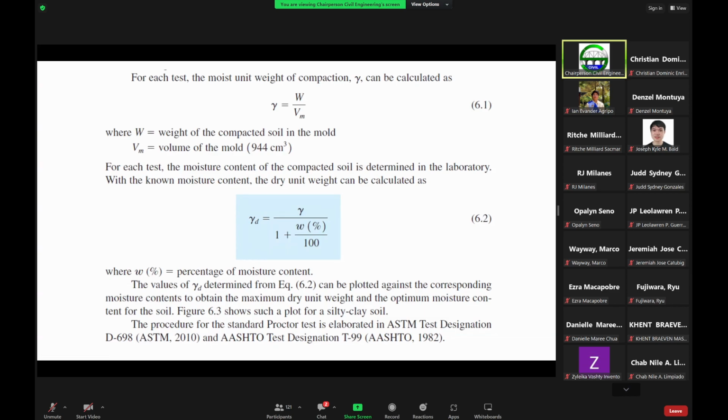Now, the values of the dry unit weight derived from this equation can be plotted against the corresponding moisture contents to obtain the maximum dry unit weight and the optimum moisture content for the soil.